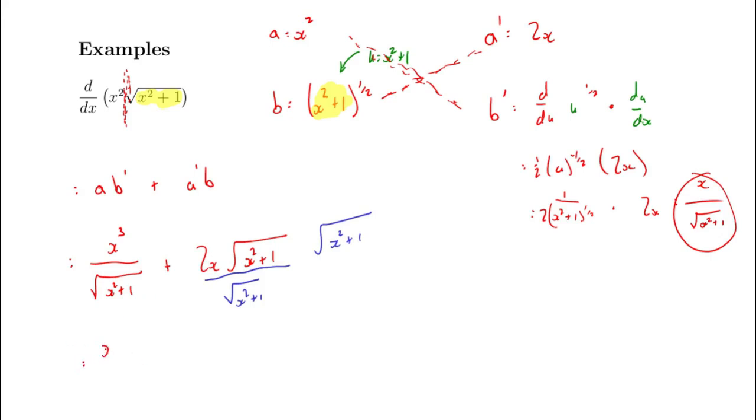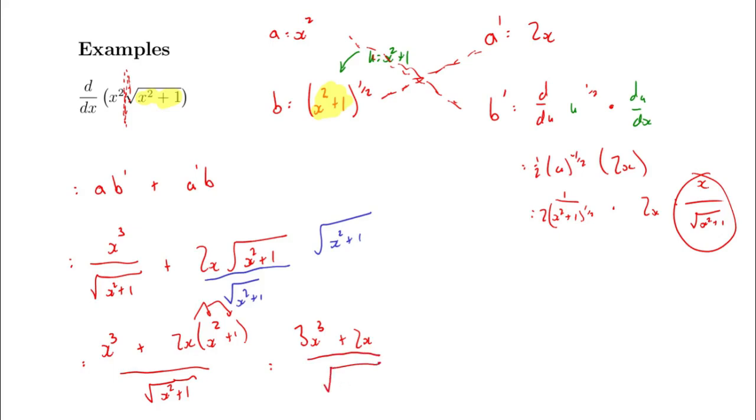So this is x cubed plus 2x times x squared plus 1 all over the square root of x squared plus 1. Or we could say that's x cubed plus 2x cubed. Call that 3x cubed plus 2x. That's doing my distributive property here. All over the square root of x squared plus 1.